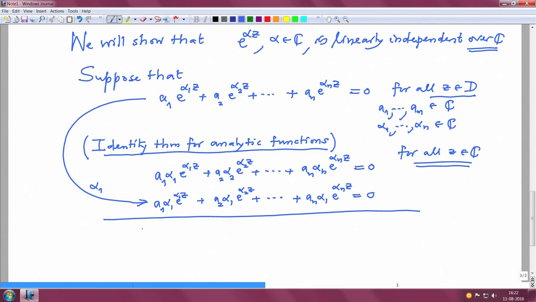If I subtract, the first term will go, and then we get the summation from i equal to 2 to n of ai times alpha i minus alpha 1 times e power alpha i z, and this is 0.